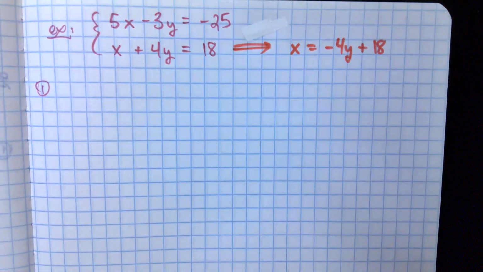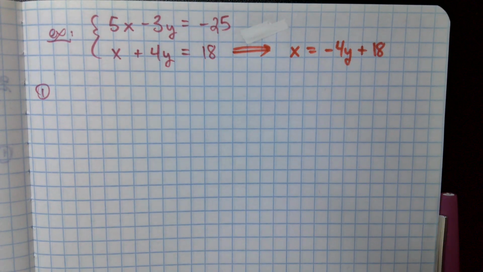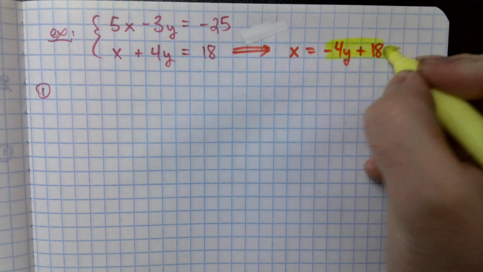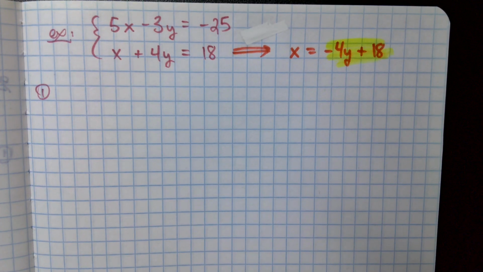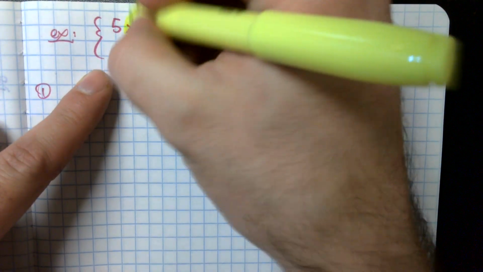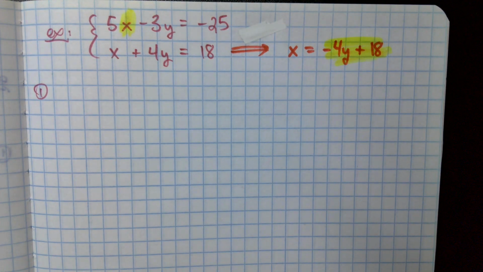Okay? Step 1. What am I going to be using as my substitute expression? Negative 4y plus 18. Where am I going to put it? The x? Yep. So this time we're plugging in an expression for x and not y. We've got to be careful that we know when we're doing which one.